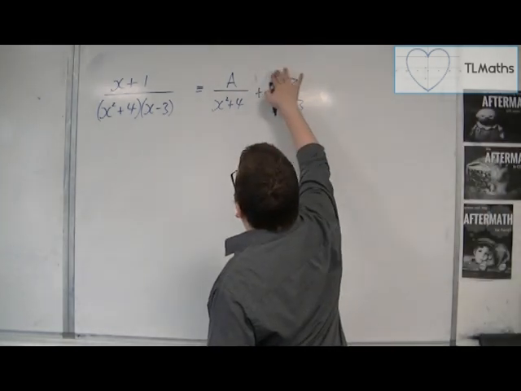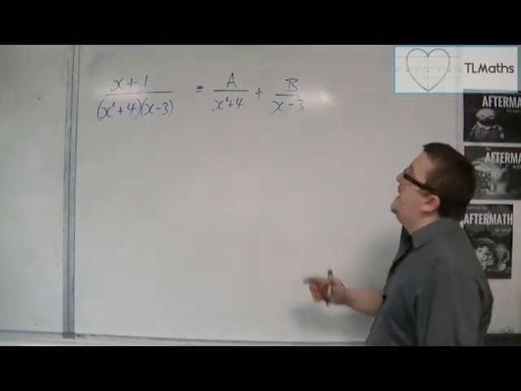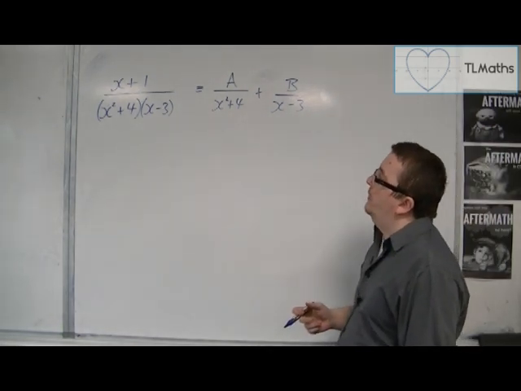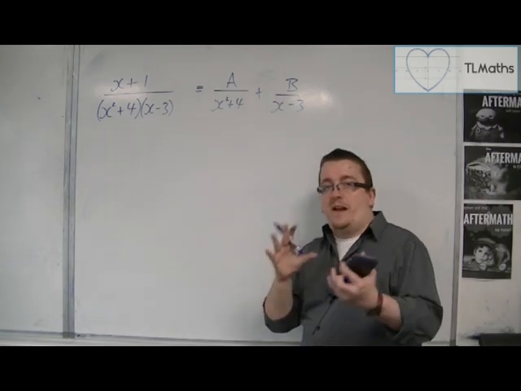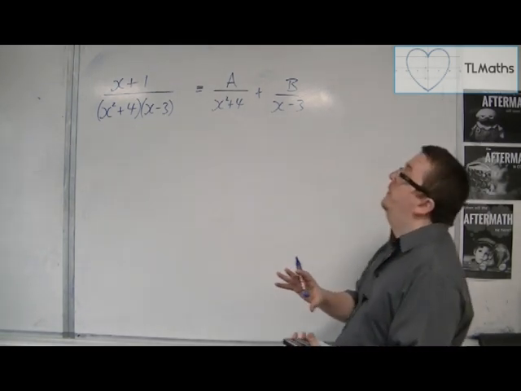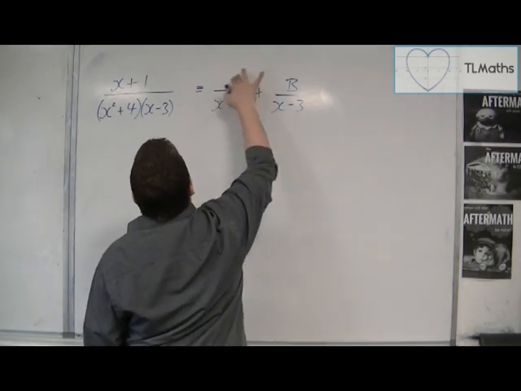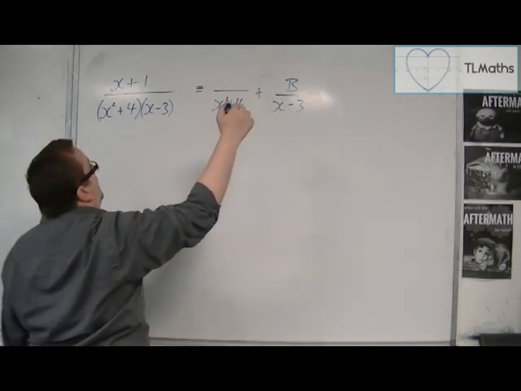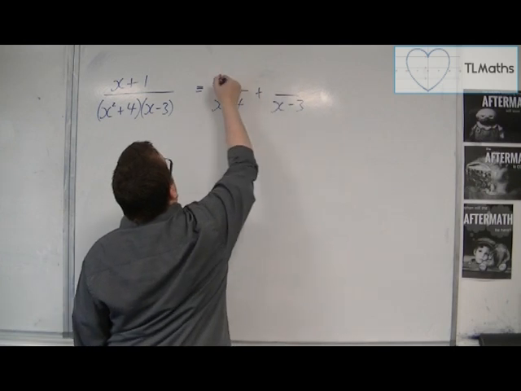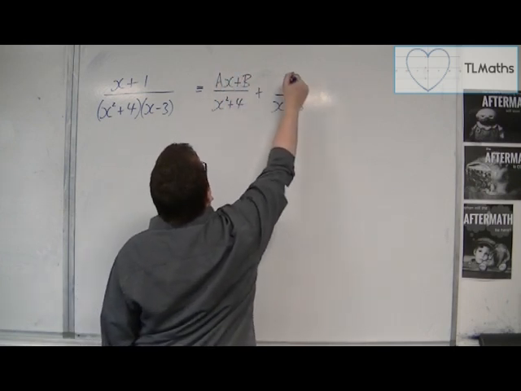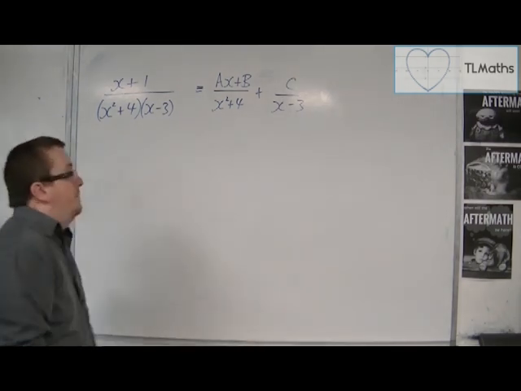Now, in order to deal with that b times (x squared + 4) problem, because that's where the problem lies, we're going to have to write the numerator of this first fraction as ax + b, and we're going to have the second numerator as c.